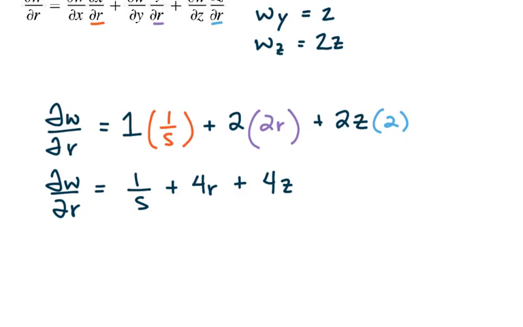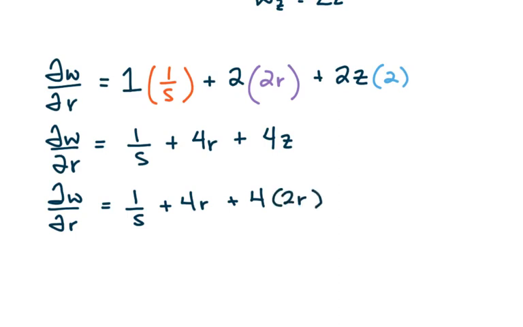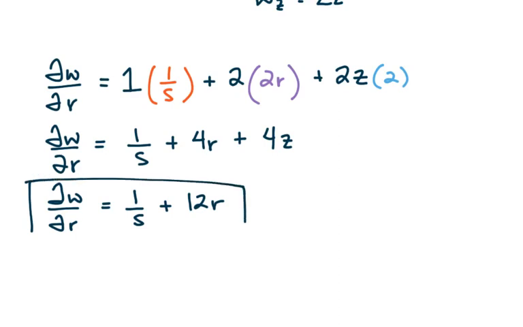So 4 times 2R, that's going to give me my partial of W with respect to R is 1 over S plus 4R plus 4 times 2R, which is 8R, and 8R plus 4R gives me 12R. So that's my first part of the question.